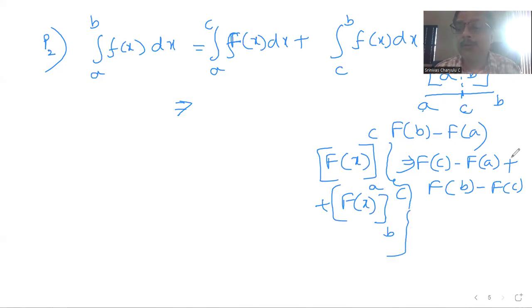Okay, so now you can cancel F of c and F of c. You'll be getting F of b minus F of a back. Done. So this is also over, very important property. It is equivalent to this in between interval. Even if you choose any point, finally you'll get the same answer.